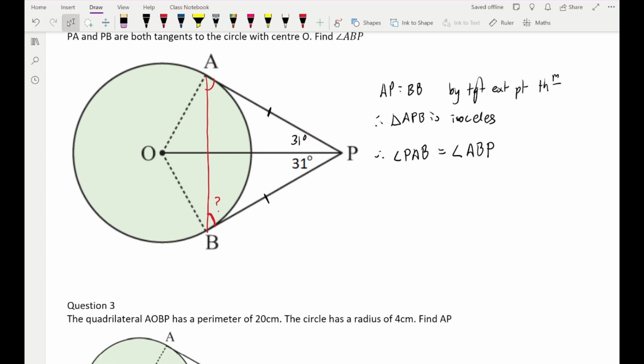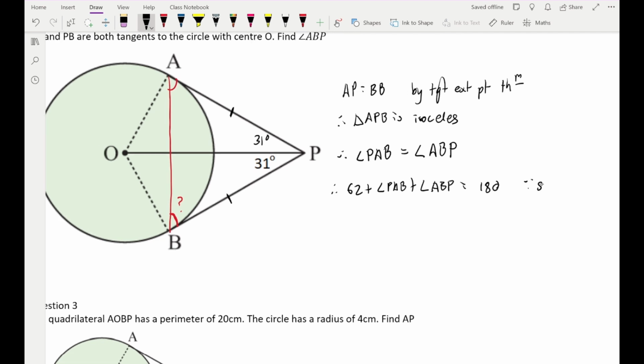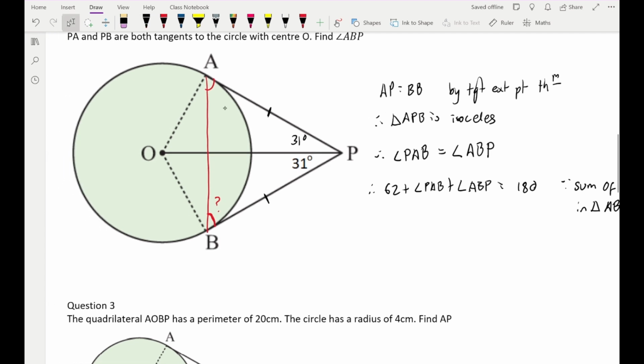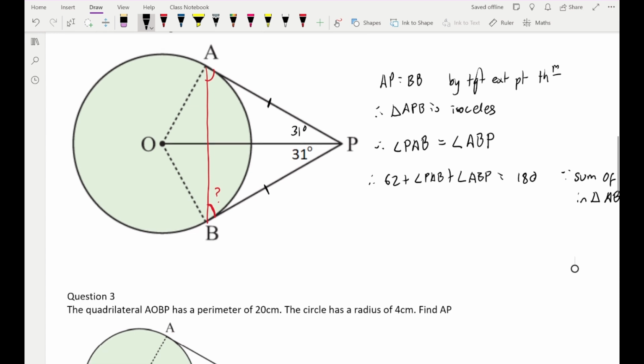Now, that's great because we have the other angles in this triangle. So 62 plus angle PAB plus angle ABP should all add up to 180 because of the sum of angles in our triangle, which is triangle ABP. Great, so when I'm looking at this triangle here, all those angles should add up to 180. Let's check that.